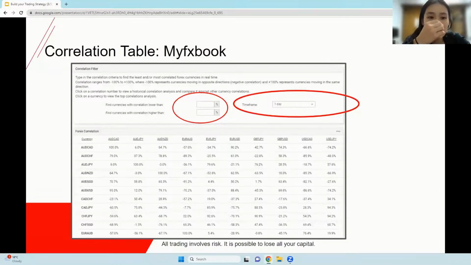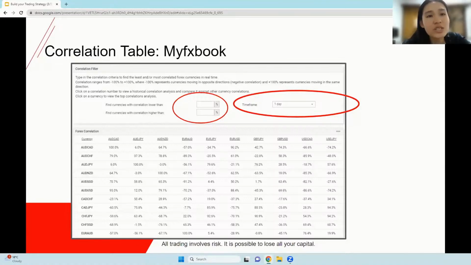Okay, so here I have an example. My FX book has a correlation table that you can use to find the most or least correlated forex currencies in real time. I've highlighted the time frames. You can choose if you're looking at a higher time frame or lower time frame. It's all there for you to adjust. And you can find currencies with correlations higher or lower than a certain percentage.